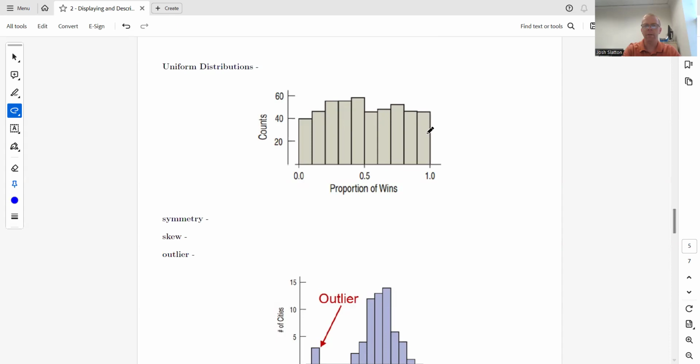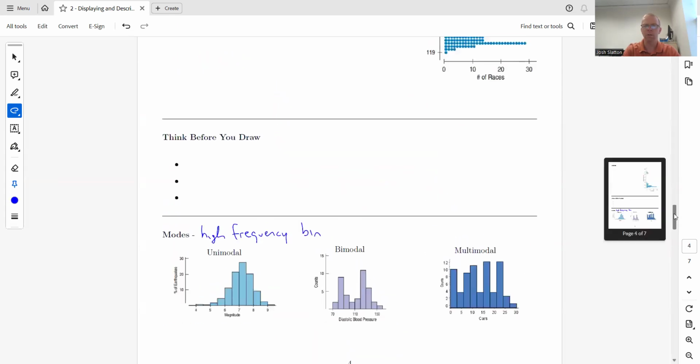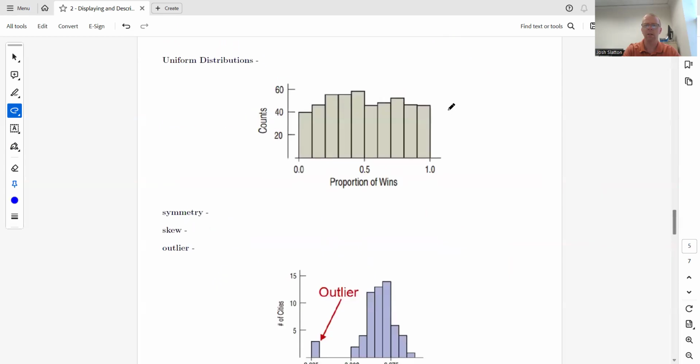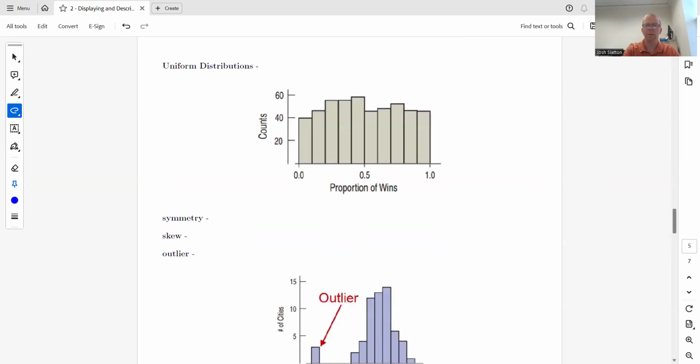So then we have uniform distribution. In a uniform distribution, all the bins are approximately the same height.